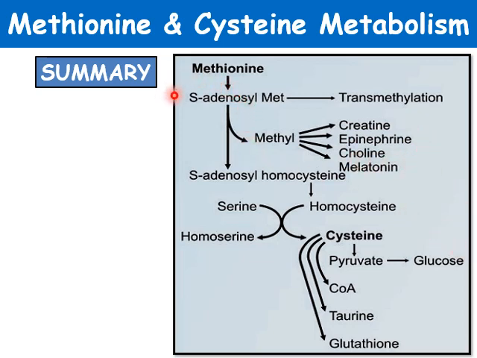After that, this SAM gets converted into S-adenosyl homocysteine, and that forms homocysteine that reacts with serine and helps in the synthesis of another sulfur-containing amino acid, that is cysteine. Being glucogenic, it is converted into pyruvate that forms glucose. The cysteine helps in the formation of coenzyme A, taurine, and is essential for glutathione synthesis. So this is all about the metabolism of methionine and cysteine.